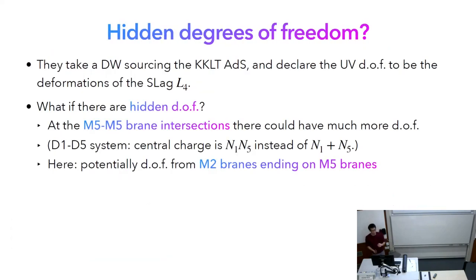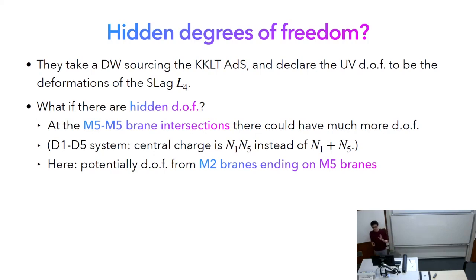Now you can come to me and say, oh, but actually there may be some caveats, because the Harvard group was taking a domain wall that sources the KKLT AdS, and they declared that the degrees of freedom on the UV side are the deformations of the cycle, of the submanifold, of the special Lagrangian.